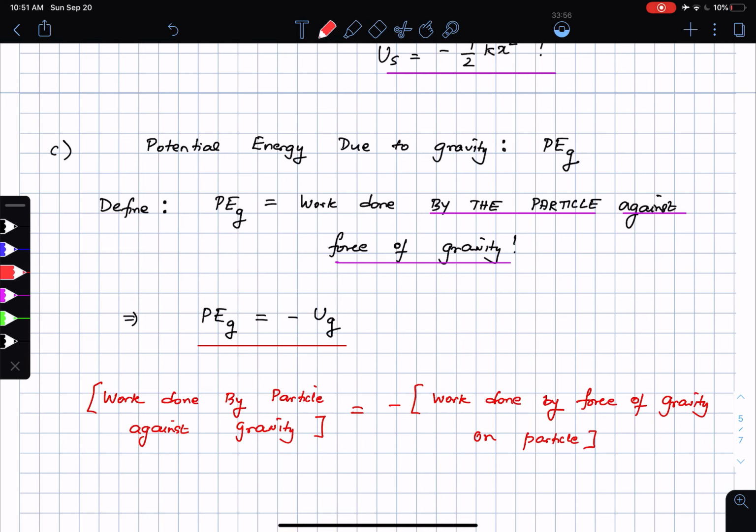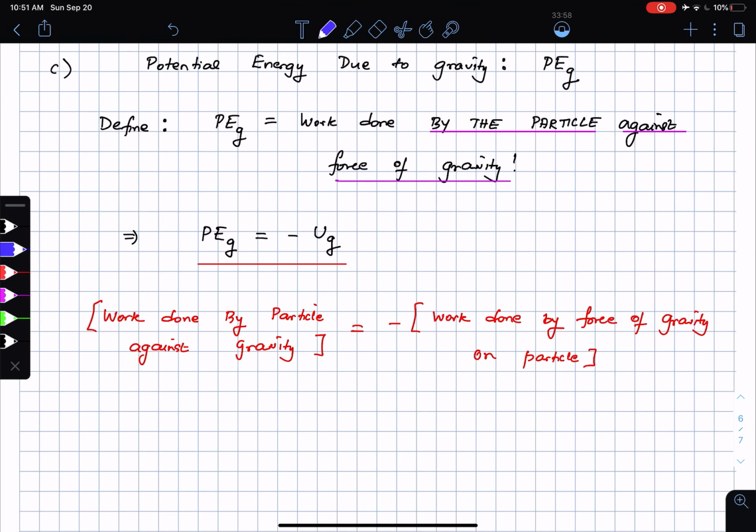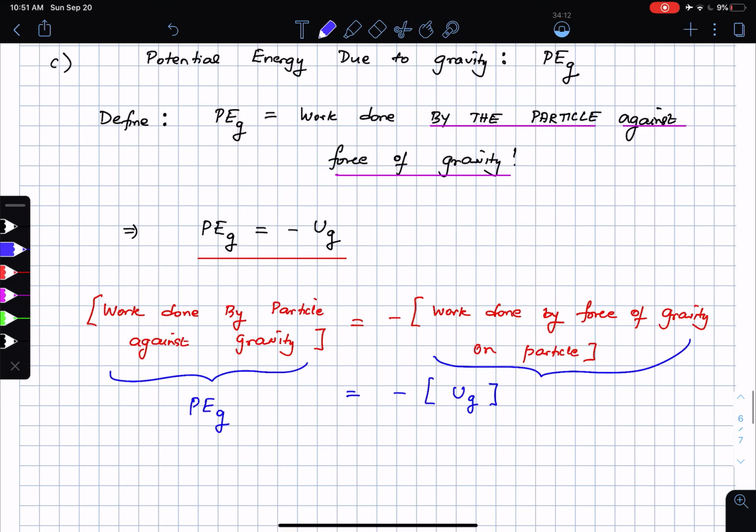That is exactly what this is telling me, and this term is going to be PEG. This is equal to negative UG. This entire term is UG. Okay, so this is one definition that I'm going to have, potential energy due to gravity.